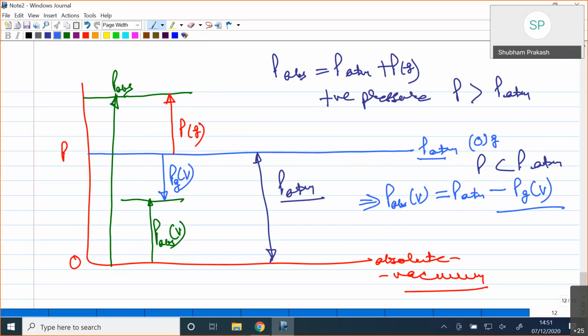The requirement is that it is not at all possible to achieve absolute vacuum. So while calibrating our devices, every time we would have to use some external means, for example a vacuum pump, in order to calibrate them, and that makes calibration fairly complex.